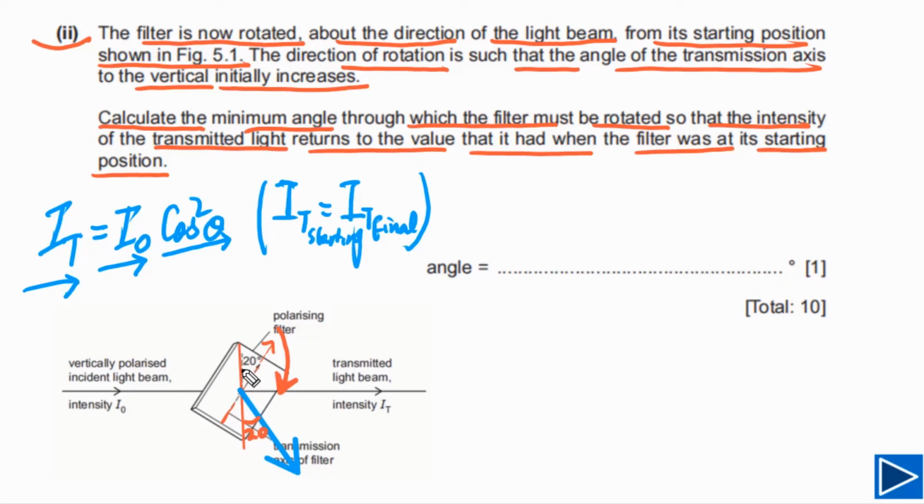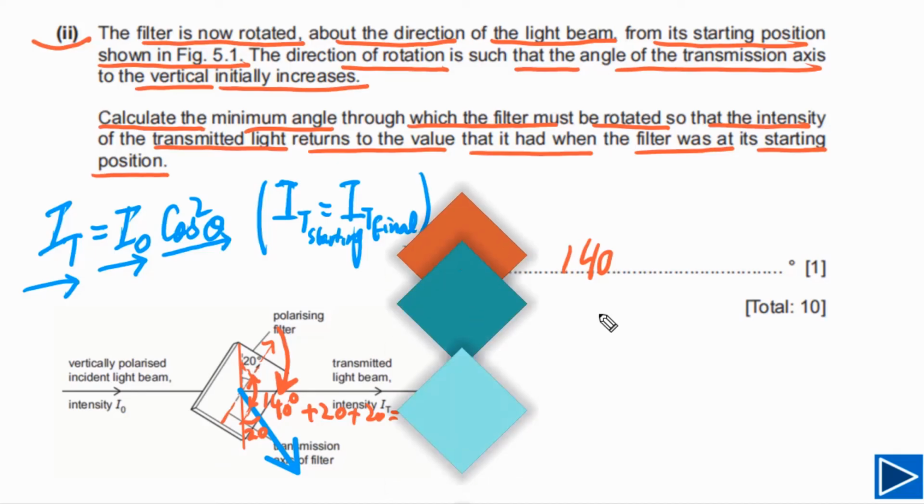So you can see this total angle is 180 degrees. We have 20 here, we have 20 here. So the angle we have rotated this polarizing filter is equal to 140 degrees, because the total angle from here to here is equal to 180. So in this case, 140 plus 20 plus 20 is equal to 180 degrees. So we have to rotate this filter by 140 degrees, and this is our answer.